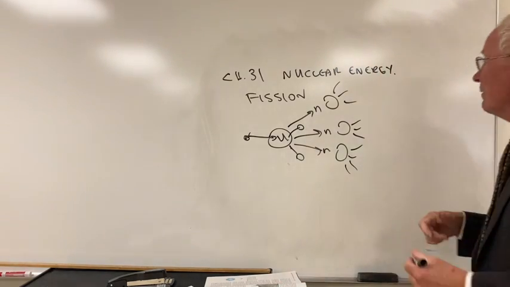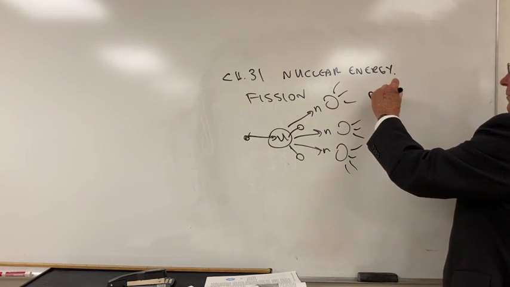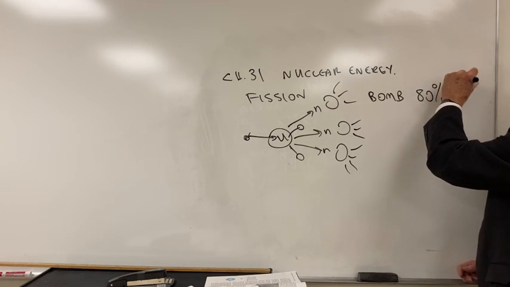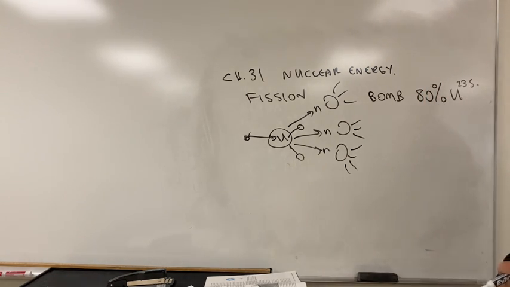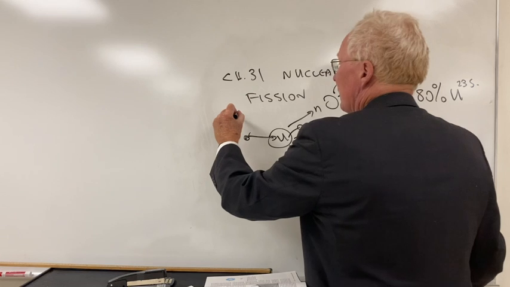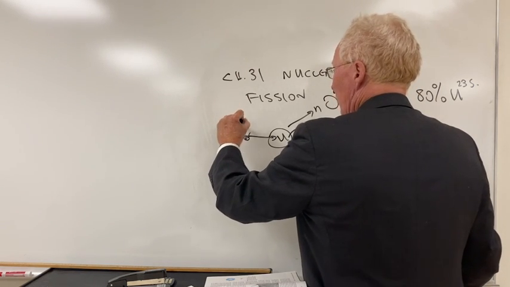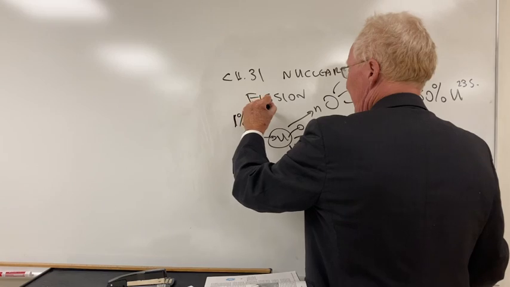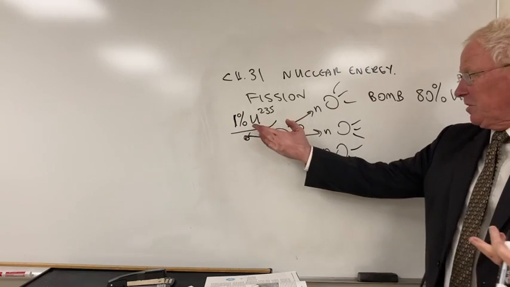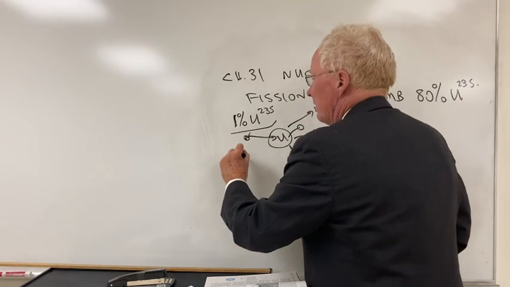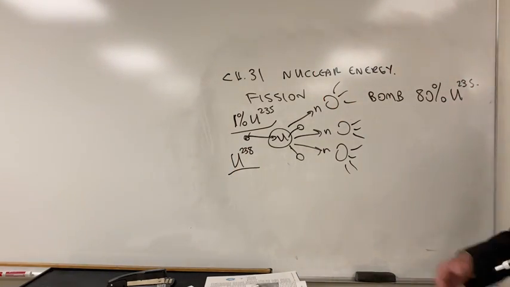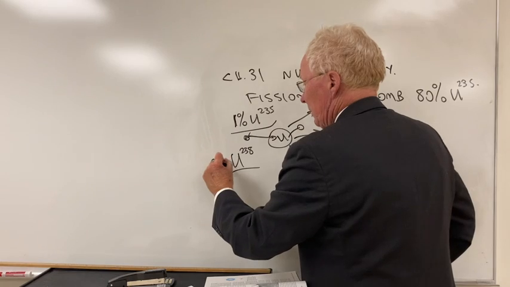A little bit on a bomb. As we said, you need about 80% U-235 because U-238 doesn't work. Remember, natural uranium itself is approximately 1% uranium-235. So part of the big problem of developing a bomb is trying to separate this from uranium-238. So 99% is U-238, approximately.